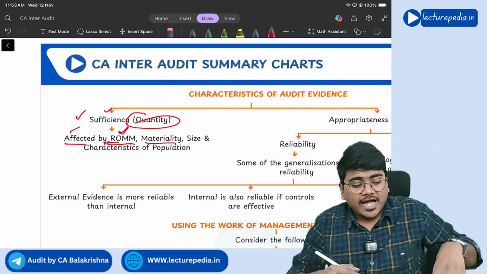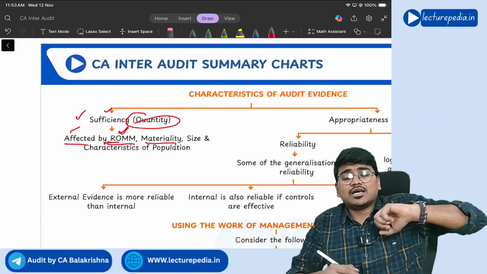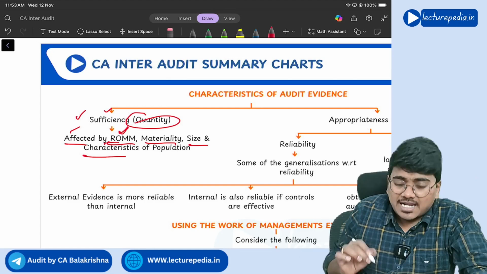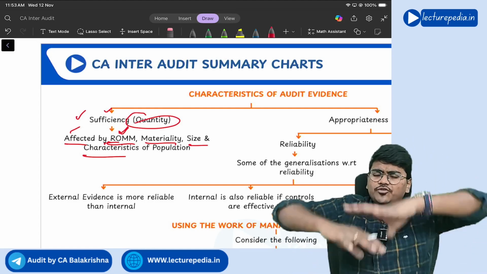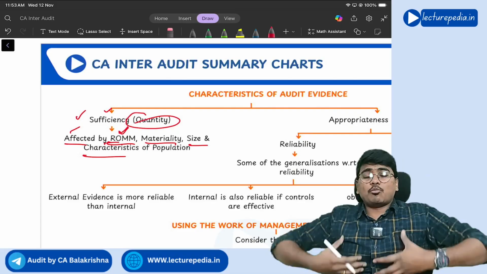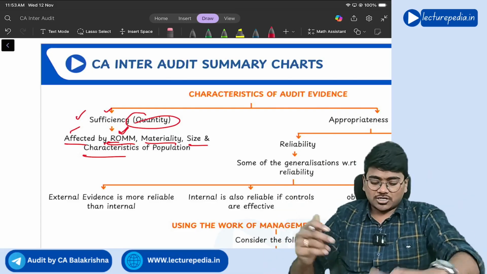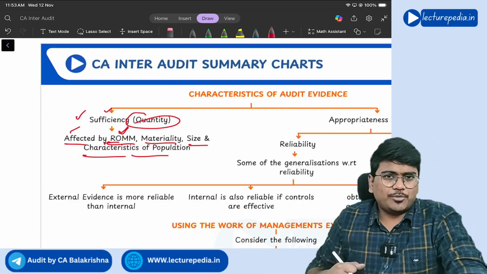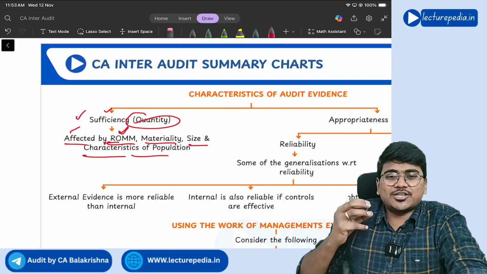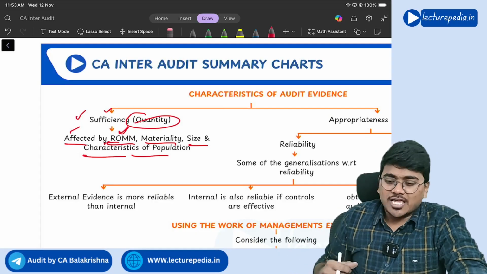Materiality: if the item is very material, then you will obtain more audit evidence, correct. Next, size and characteristics. If the size of the organization is very huge, then you will obtain more audit evidence, correct or not? And characteristics of the population. So these things will impact the sufficiency, the quantity of the audit evidence.